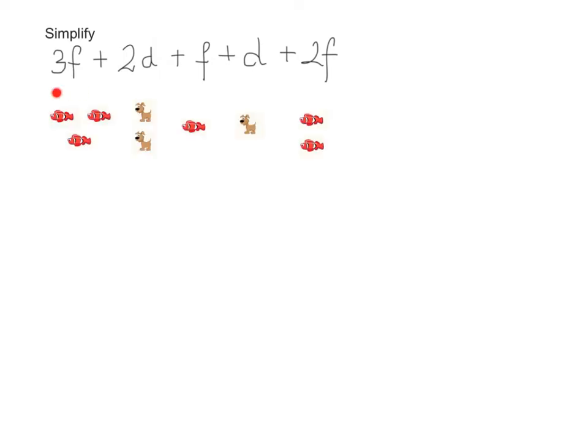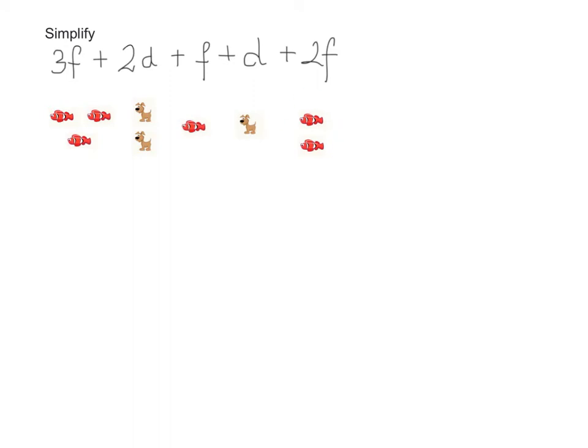So we have 3 fish, 2 dogs, 1 fish, plus 1 dog, and plus 2 fish. Okay, so every time you need to simplify it, you have addition and subtraction. Instead of letters, you can imagine you have animals or fruit or any kind of objects, okay? So we can only add or subtract the same object.